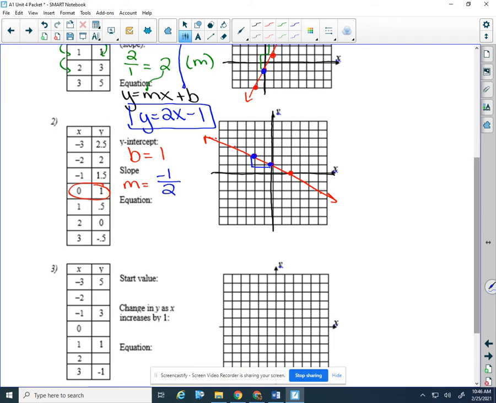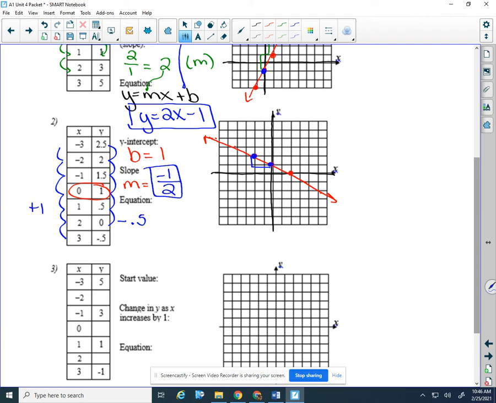You can also look at the x's. -3, -2, -1, 0, 1, 2, 3. So these are all going up by 1, and the y's go 2.5, 2, 1.5, 1, 0.5, 0. These are going down, it looks like by a half a point each time, or a half a number.